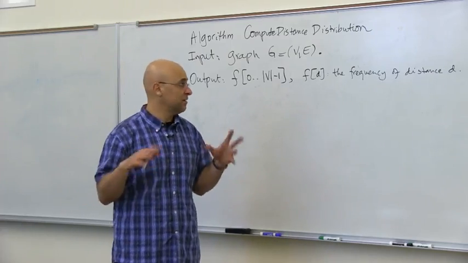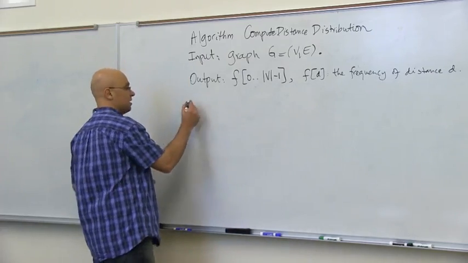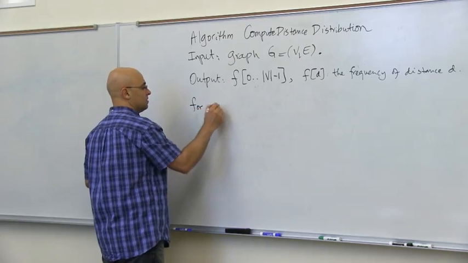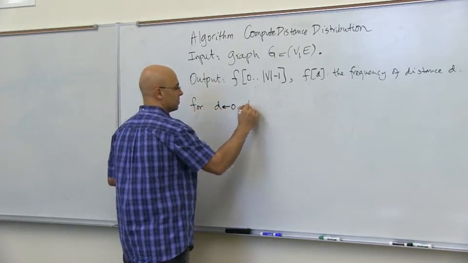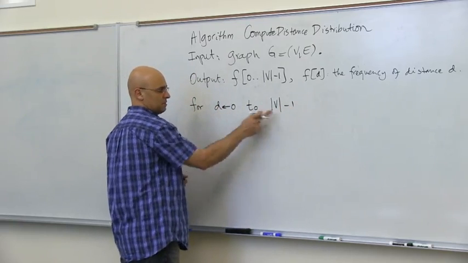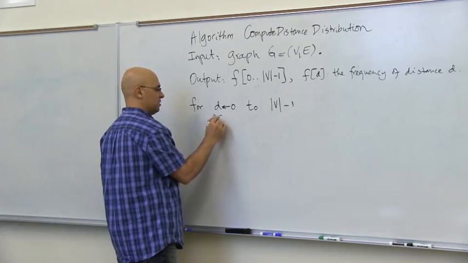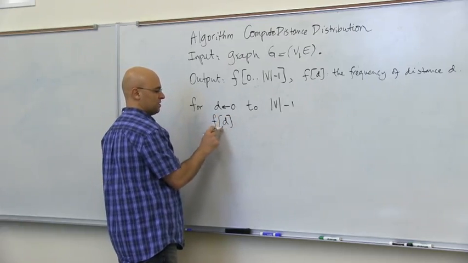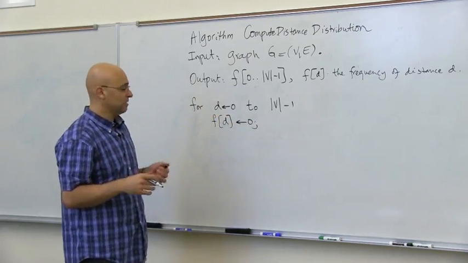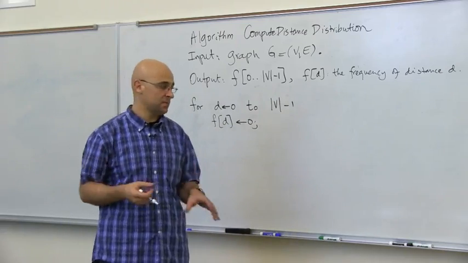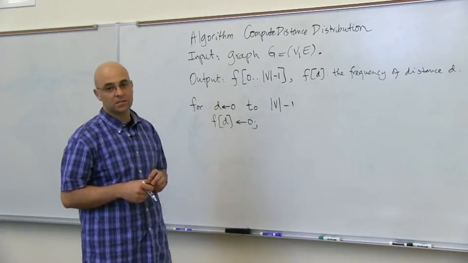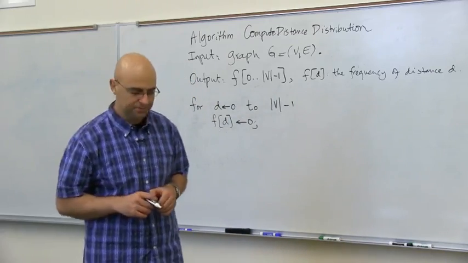Before I look at the graph, I have to initialize this array: for d equals 0 to n minus 1, initially the frequency for that distance is going to be 0. I haven't touched the graph yet. I haven't computed any pairwise distance. I know that every possible distance now appears with frequency 0.